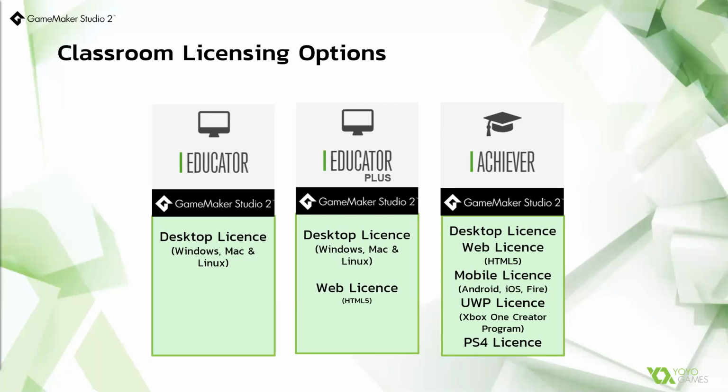UWP, which is a way of actually getting your game onto the Xbox One Creator Program. And we've got the PlayStation 4 license. And we're pleased to say that we announced recently that we're going to be releasing soon, it's in beta at the moment, the next gen consoles as well, so Xbox XS and PlayStation 5.